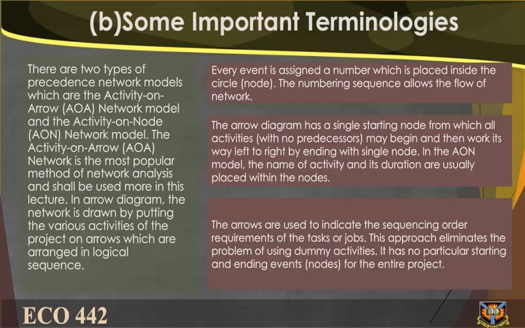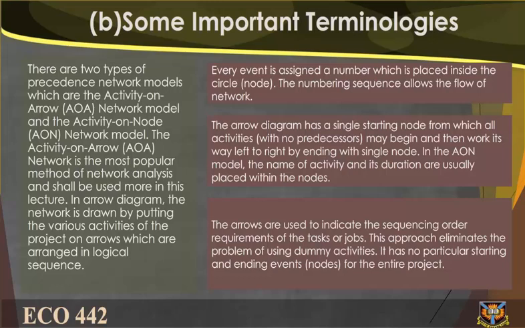Every event is assigned a number which is placed inside the circle. Note: the number sequence allows the flow of the network. The arrow diagram has a single starting node from which all activities with no predecessors may begin and then work its way left to right, ending with a single node.